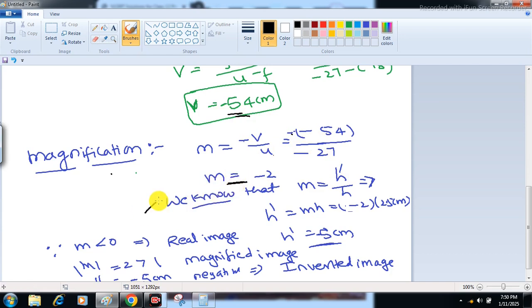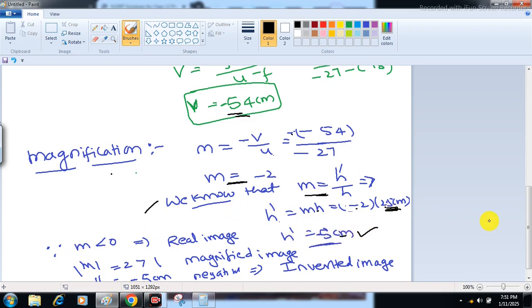We know that there is another formula for linear magnification: m equal to minus h dash by h, image height by object height. From this we get image height equal to linear magnification into object height, that is minus 2 into 2.5 centimeters, which is the object height given in our question. Therefore h dash equal to minus 5 centimeters.